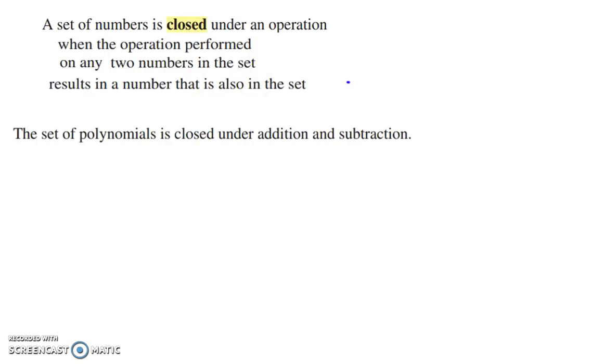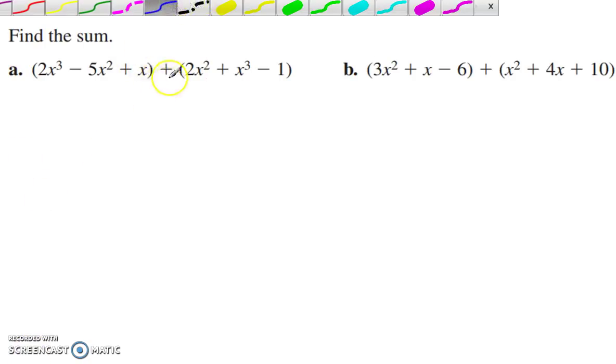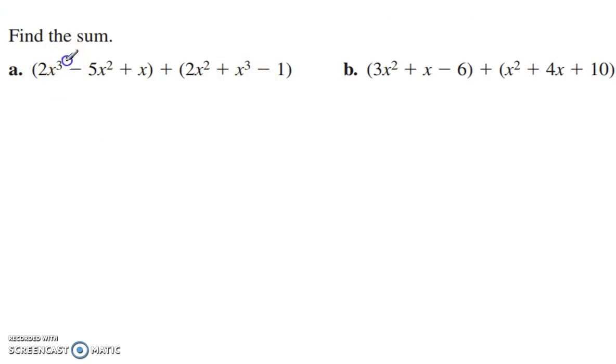All right. Okay, now we want to try to add polynomials. When we're adding, it's pretty easy because we follow all the signs and we can only combine the like terms. So here we have 2x to the 3rd. I always start with the highest degree, so there's 1x to the 3rd. That gives me 3x to the 3rd.